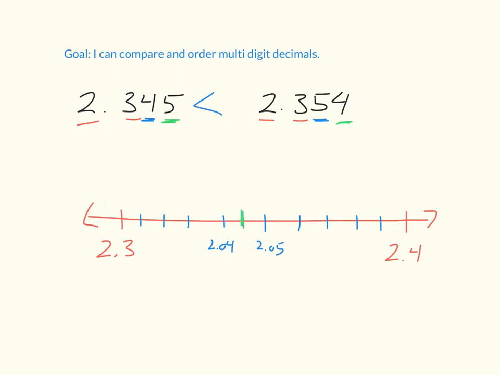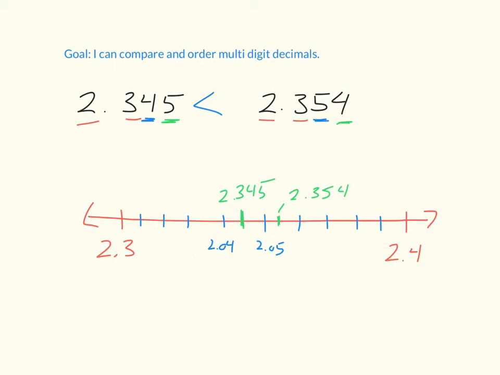So when we zoom way in, 2 and 345 thousandths falls there on our number line, and 2 and 354 thousandths is going to be just before the halfway point between 5 hundredths and 6 hundredths. So that's 2 and 354 thousandths.